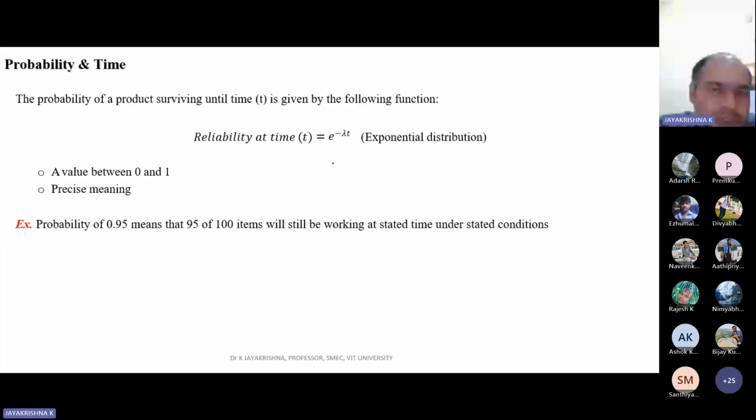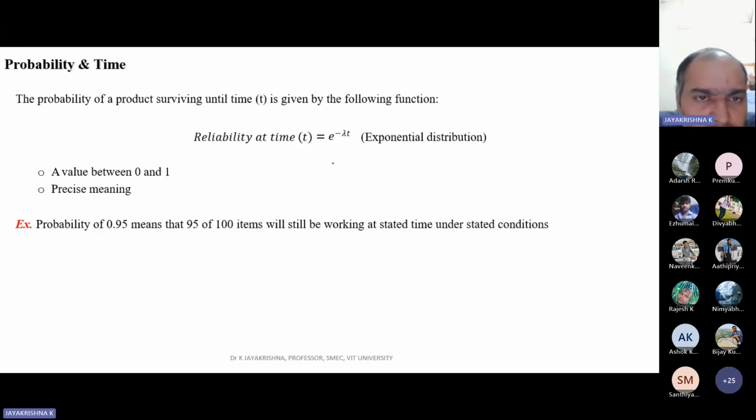Now let's go slightly into the math behind this. I told you reliability is always defined with two parameters, probability and time. Let's get deeper into the definition of reliability. The probability of your product surviving, probability is what?